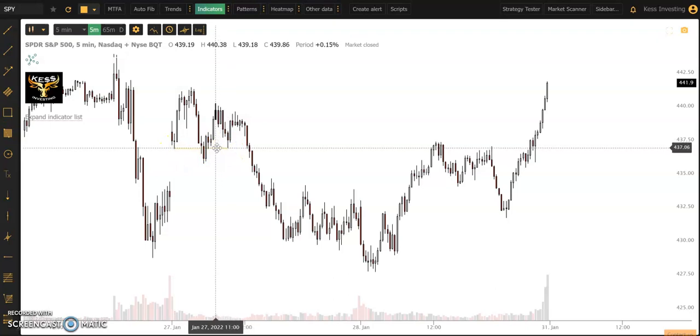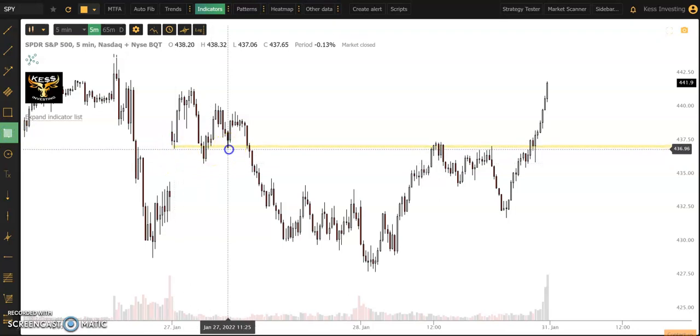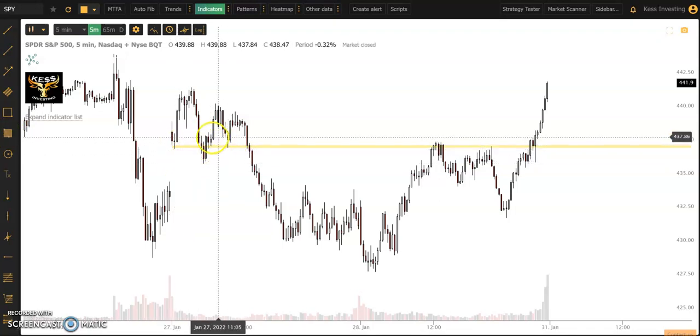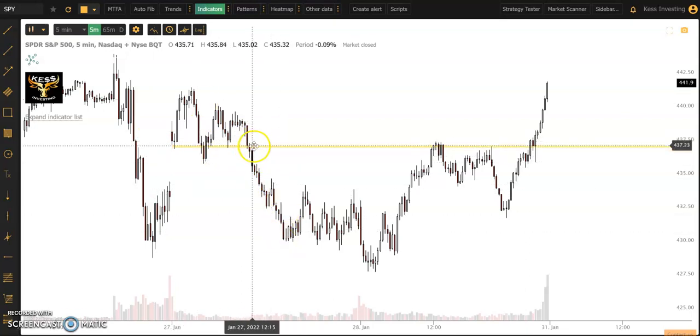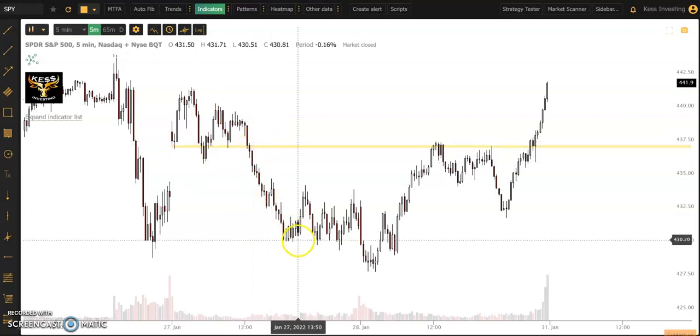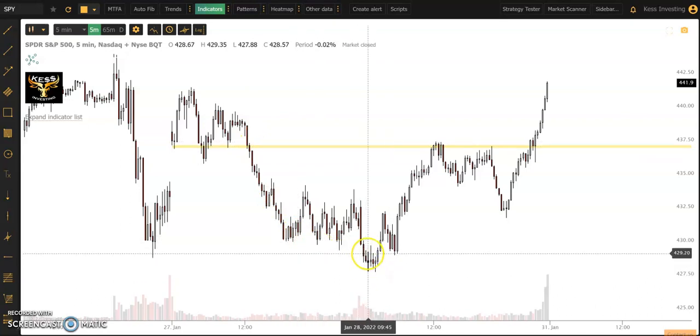Let me see if I can get a better tool to illustrate. Right here, this area. Support. We held this support, and then we had a huge breakdown on the 27th, going from 437 to 430, all the way down to 427 basically on the 28th.